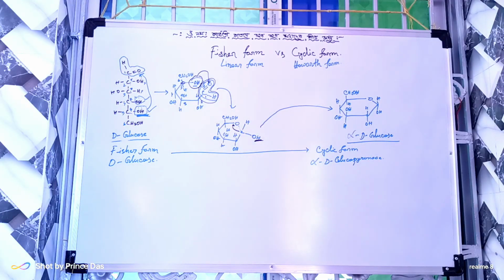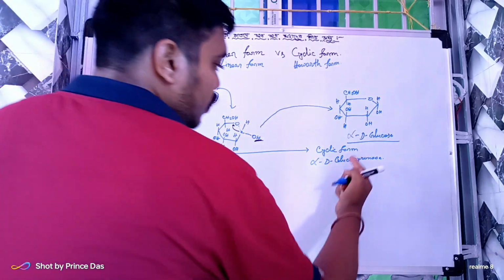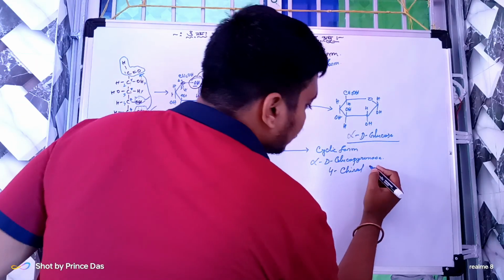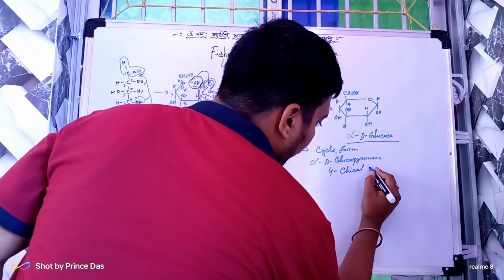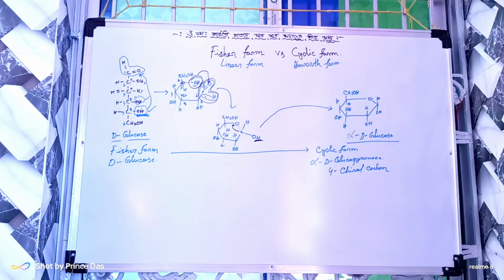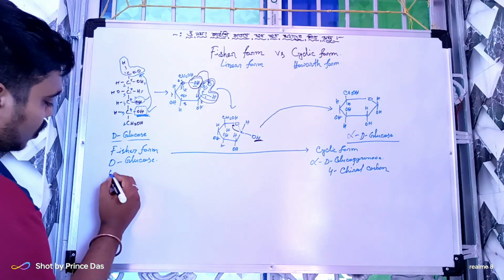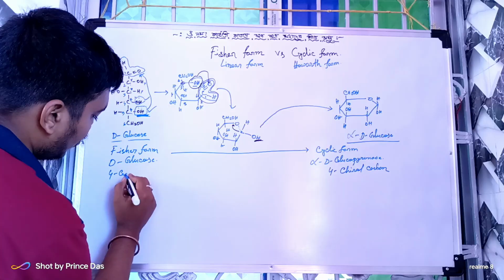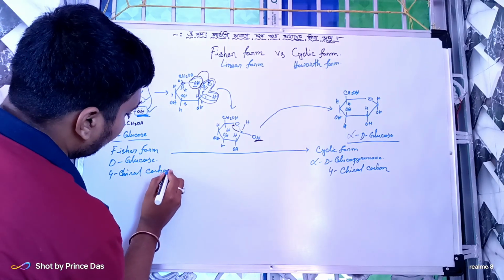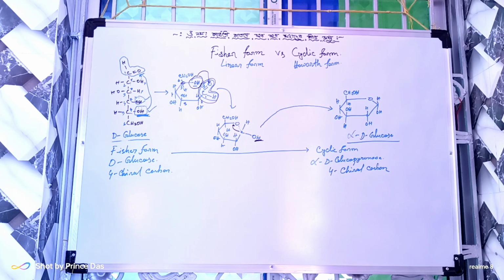Okay, here you can still get the 4 chiral carbons, don't forget. The chiral centers will be the same. No change in chiral centers or chiral carbons. Here there were also 4 chiral carbons. Got it?